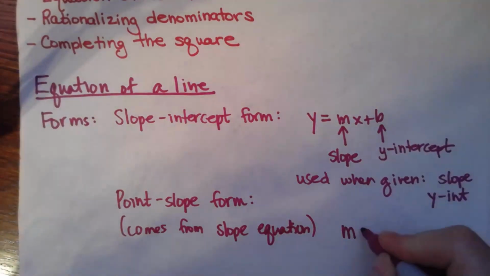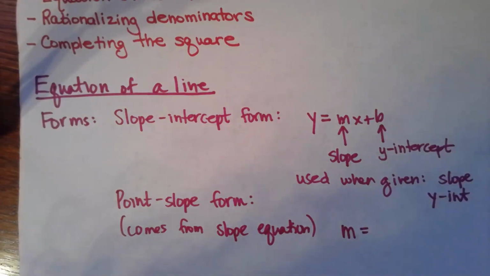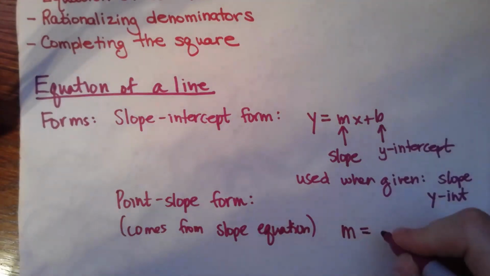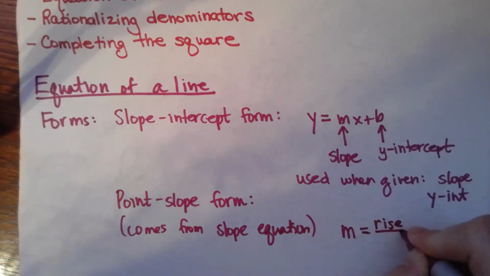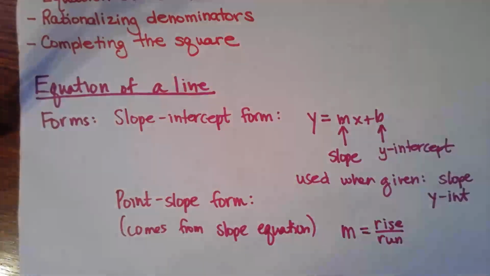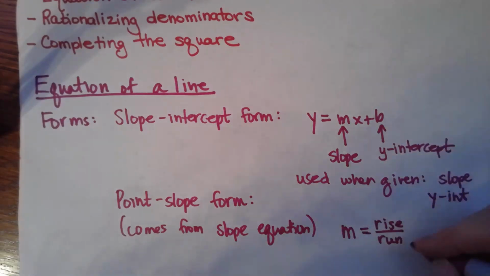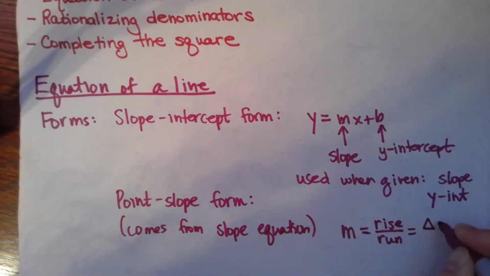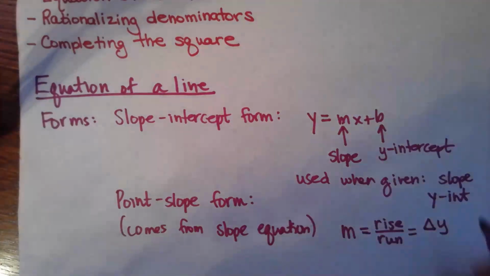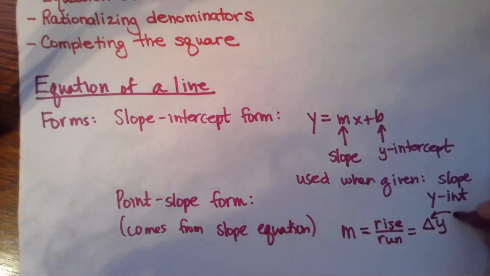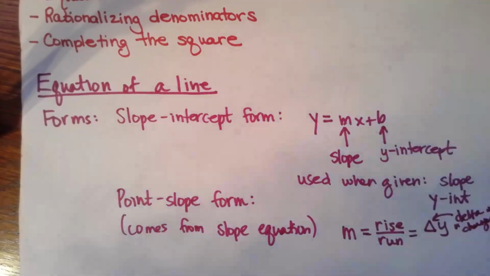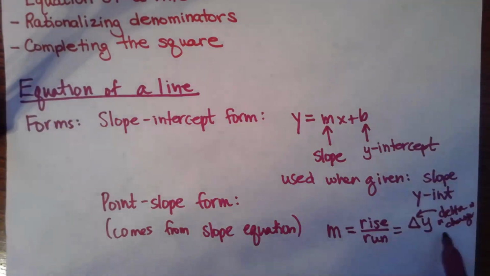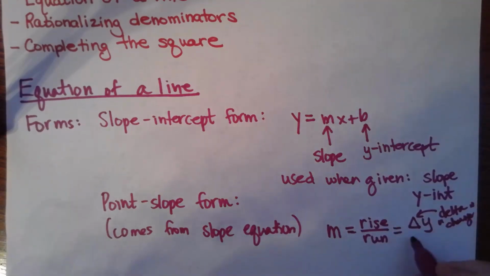If we want to find the slope, just intuitively when we talk about the slope, we say, oh, that's the rise over the run. If we think about rise, it goes in the up-down direction, in the y direction. So the rise is the change in y. The mathematical way to write change in y is delta y. That delta right there means change. So delta y means the change in the y direction, or the change in y.